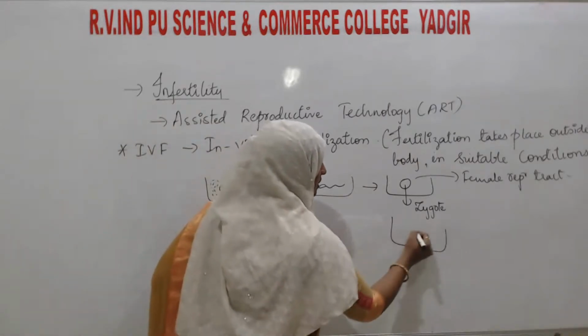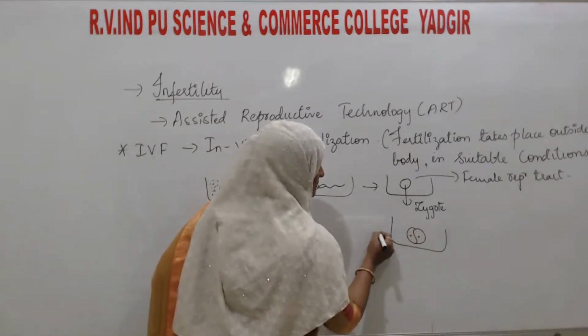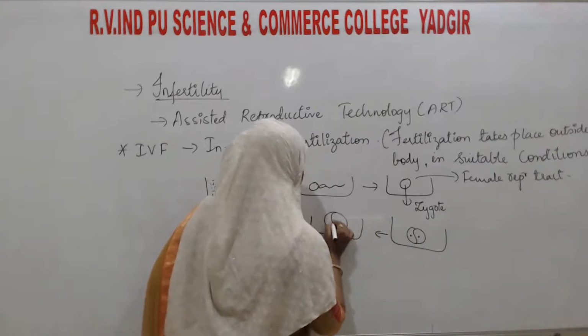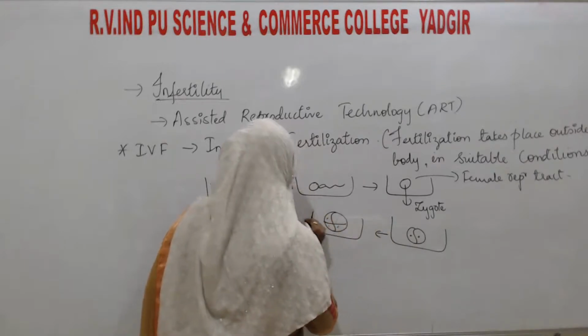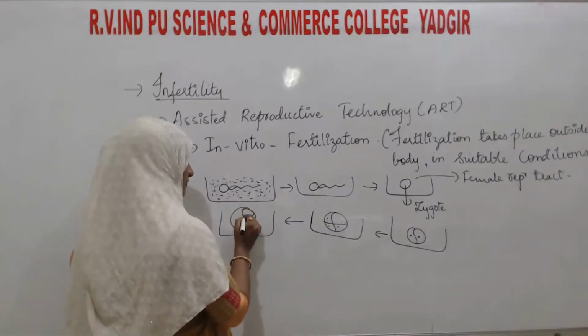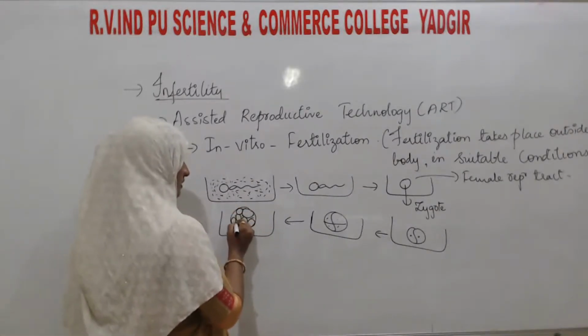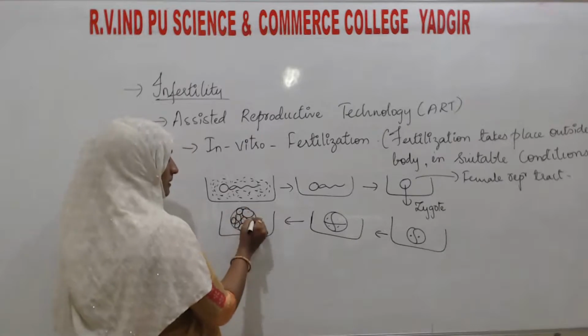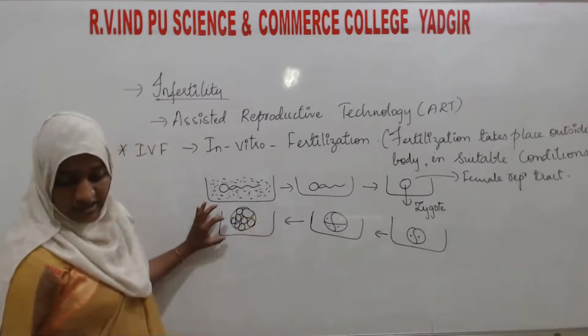The zygote will divide into two cells, then four cells, then eight cells.